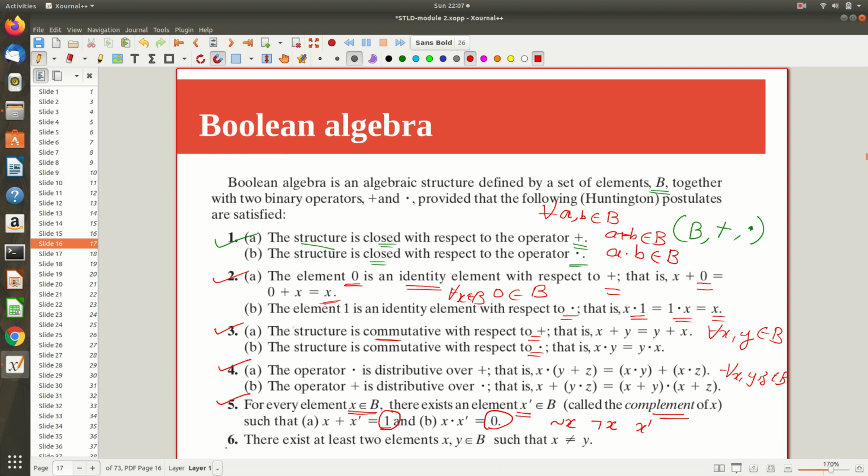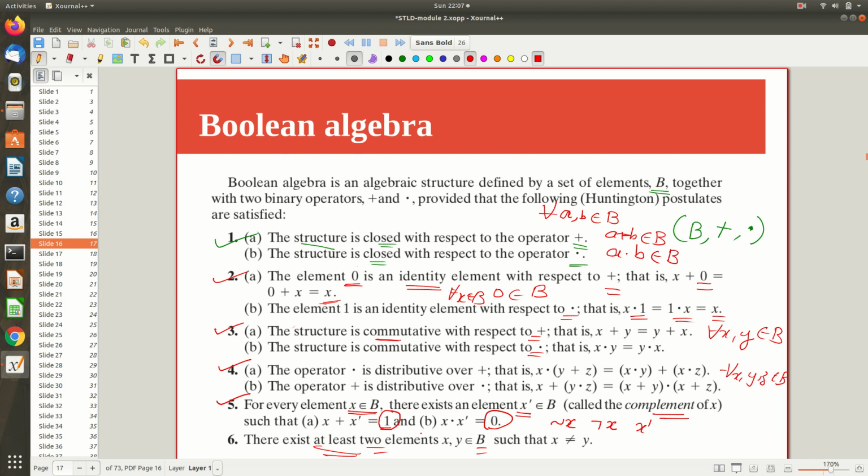Now there exist at least 2. Now what about the size of this B? How many elements should be there in B? It can be a finite set or infinite set. Whatever it is, there should be at least 2 elements in this B. And we are not going to restrict it to exactly 2 elements, 0 and 1. You might be thinking like that, but that is actually switching algebra. We are going to that now, but right now we are in Boolean algebra. In Boolean algebra, the basic concept was proposed by George Boole around 1854, right?